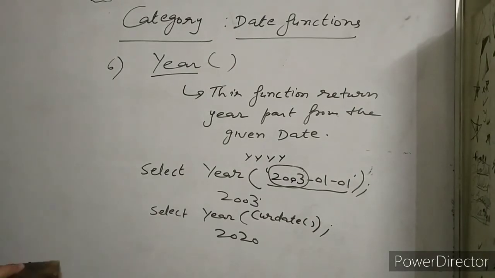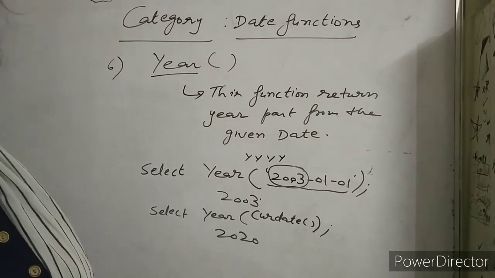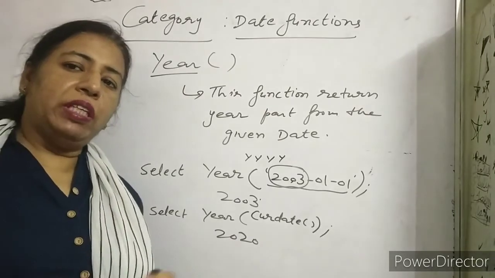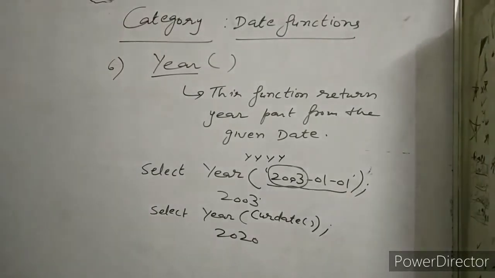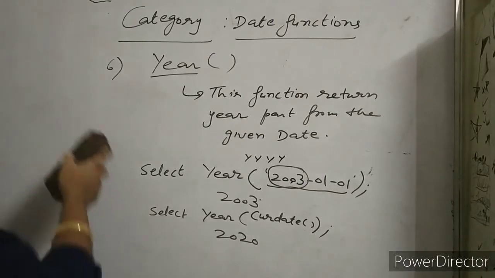Now, one more example I want to try here. Suppose we have a student table and we have a DOB column. DOB is date of birth, and you want to display the year of birth for all the students. What will you do?